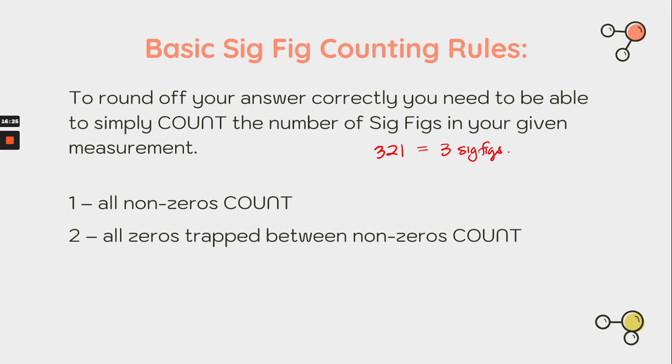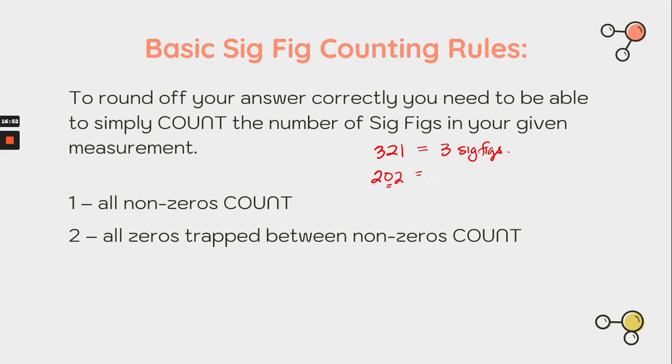Rule number 2, all zeros that are trapped between non-zeros also count. Okay, so what does that mean? That means if I have a number like 202, see how this 0 is stuck between the 2's? It's trapped, it's sandwiched. That means that it's considered significant. It's important. Do you want me to give you $22 or do you want me to give you $202, right?